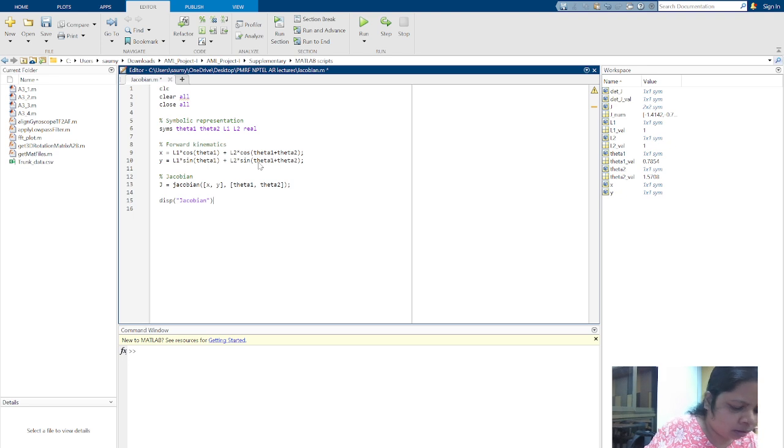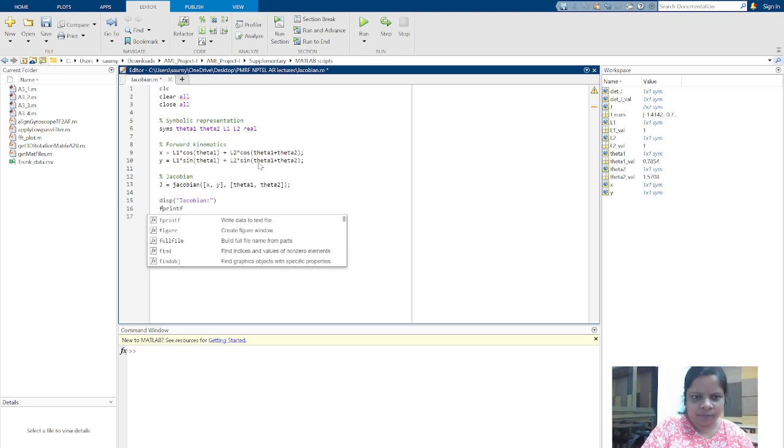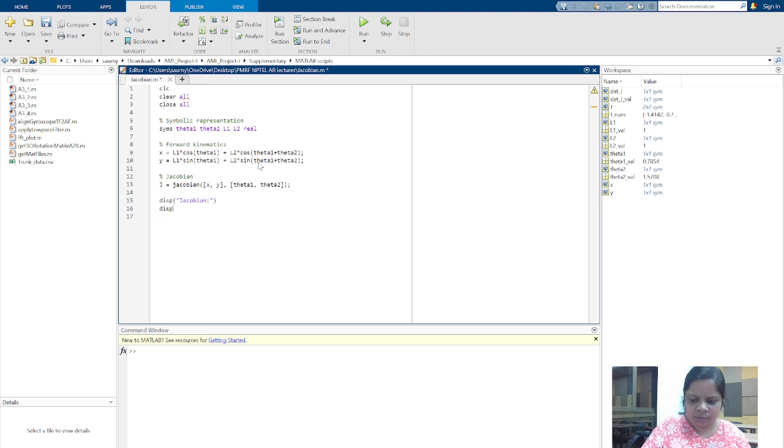So I'll write display Jacobian, and since I want to display the symbolic representation, it will display J. I told you to terminate everything with a semicolon. If you don't, everything will be printed.